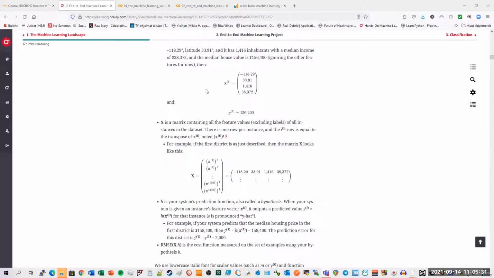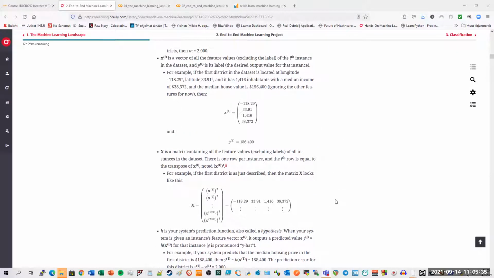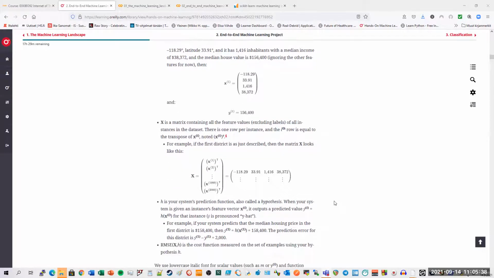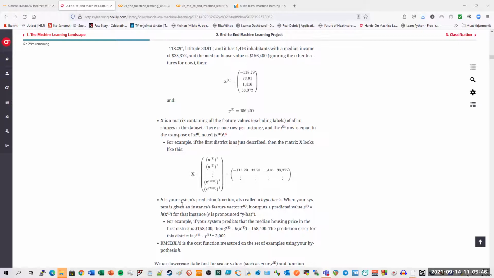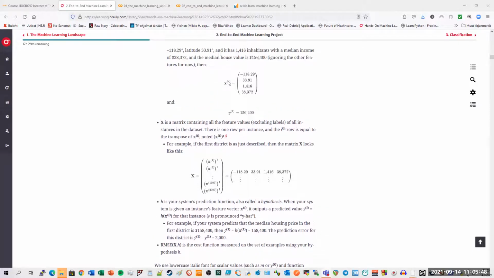So this X is a matrix that contains all the features we are interested in. And here is the whole data set. Here, for example, X1 is the first data point.